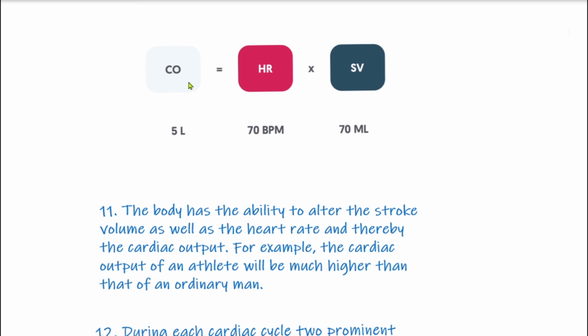And similarly, in athletes or in sports persons, to meet the oxygen and nutrient demand of the body, heart has to work more, heart has to work hard, and due to the hard working of the heart muscle, it gets hypertrophied.